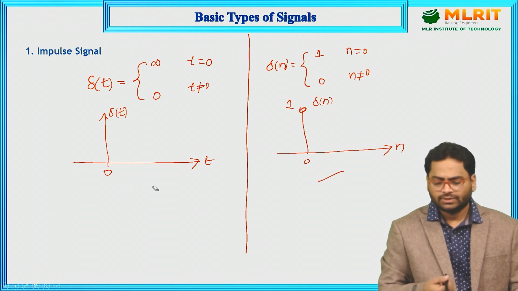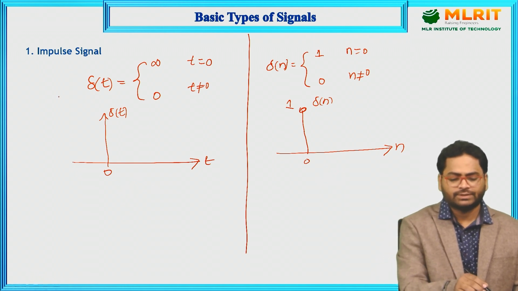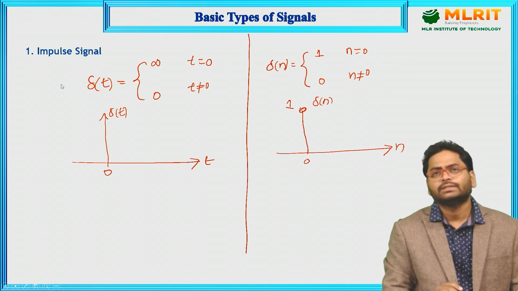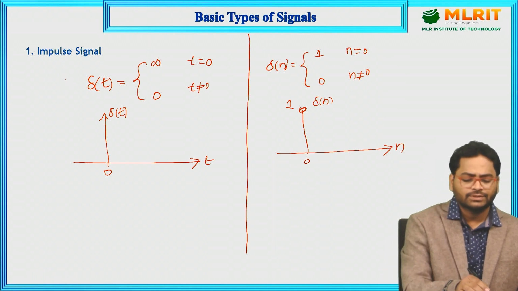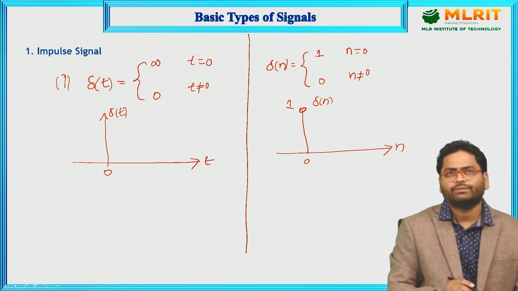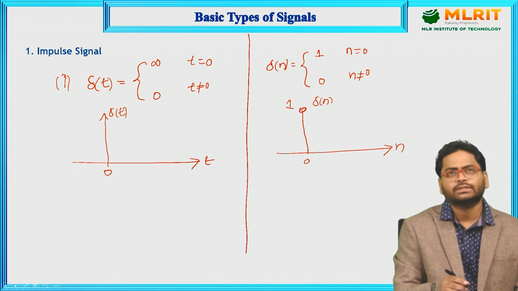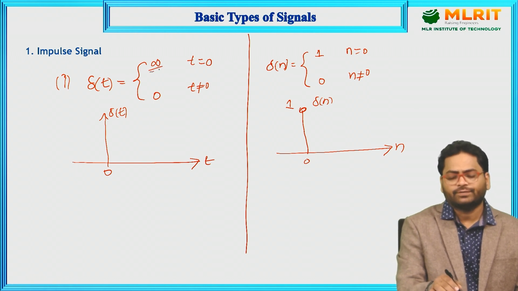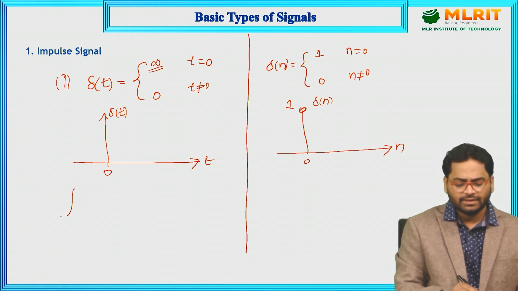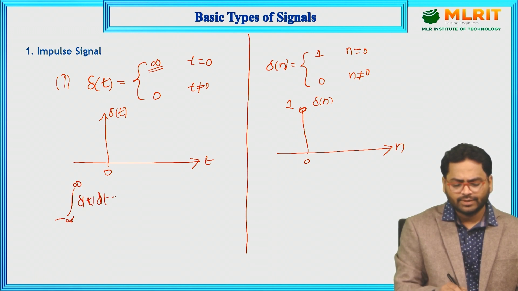Now let us come to the full definition. If you say a signal is an impulse function, it must obey two conditions. The first is that its amplitude must be infinity, and the second is that the area under the delta function, the integral of del of t dt, must be 1.